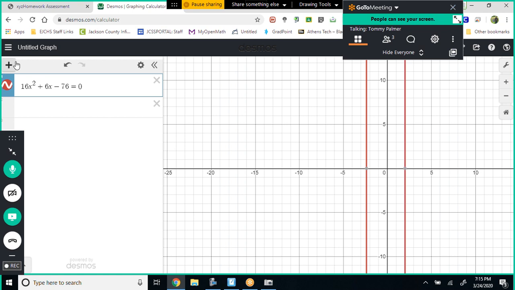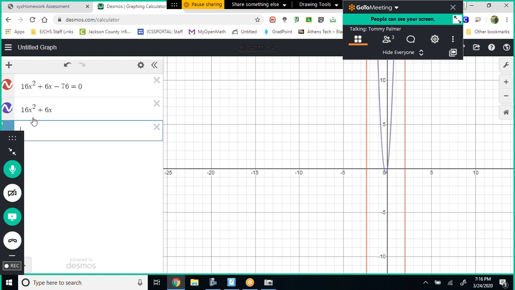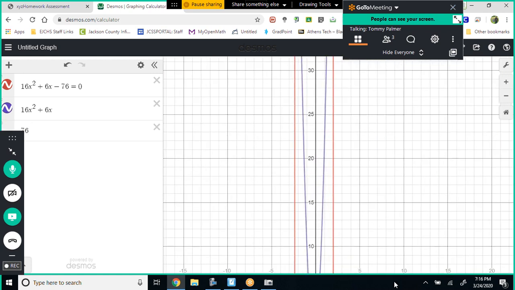I want to do this because I also want to show you something. 16x squared plus 6x, and then 76, and what I should have is a line.